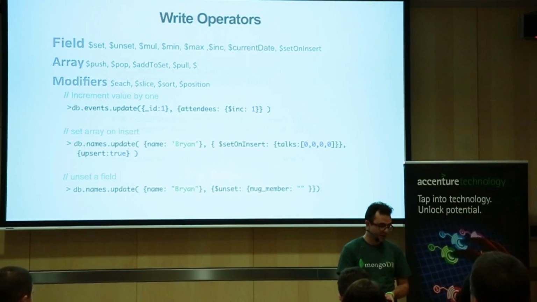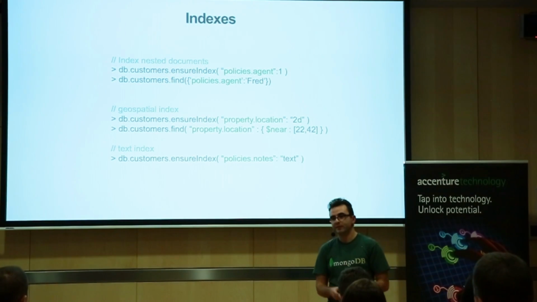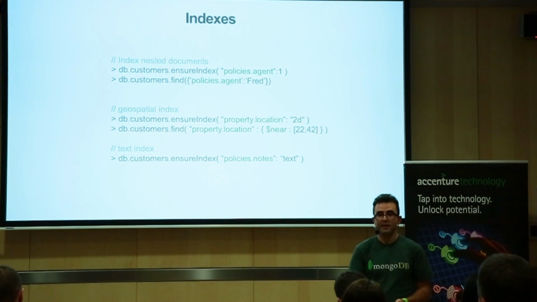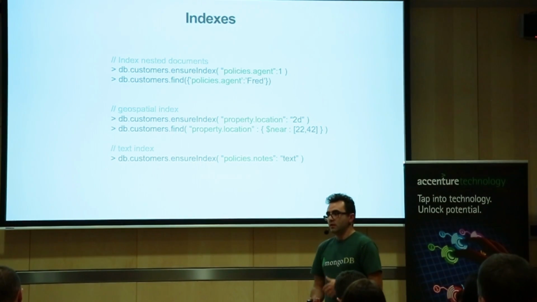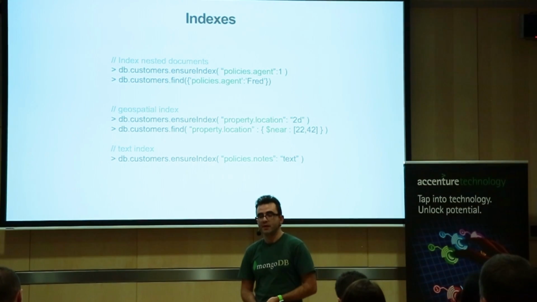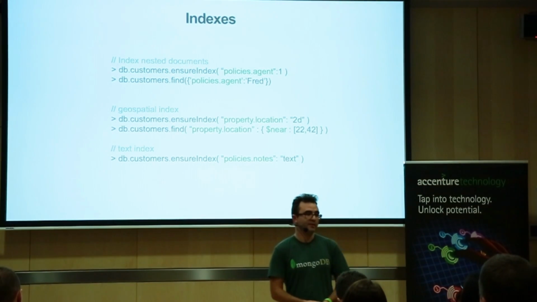And obviously, one thing that differentiates MongoDB from some of the other NoSQL technologies as well is the ability to create any kind of secondary index. If you have a query that goes for more than just the primary key, what will happen to that query?